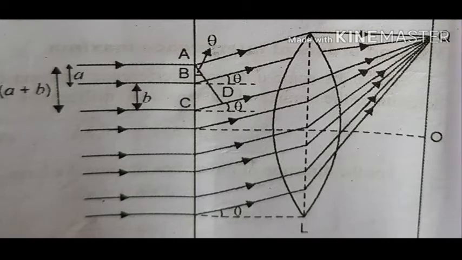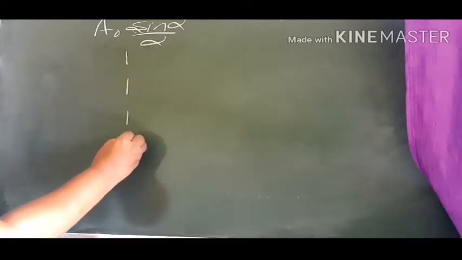In this case, suppose there are n slits. We have studied single slit, then double slit, and now n slit. In case of double slit, we can assume the effect is like two individual slits. The only difference is that, because the two slits act as coherent sources, there is an interference pattern also.